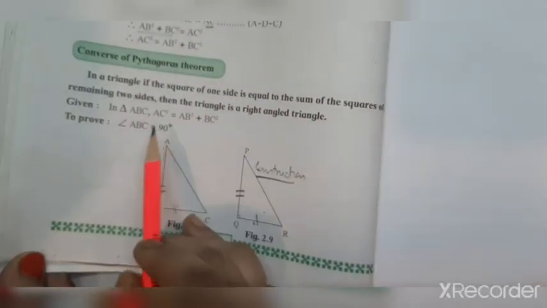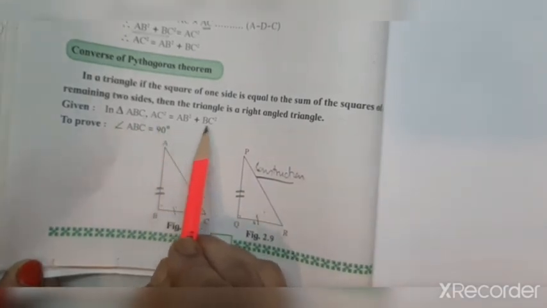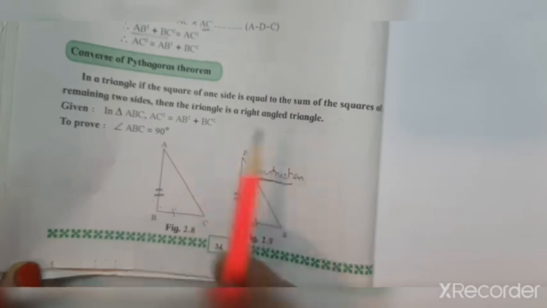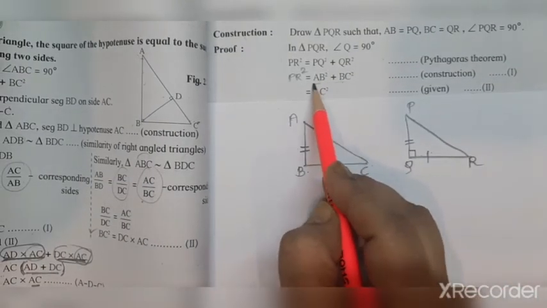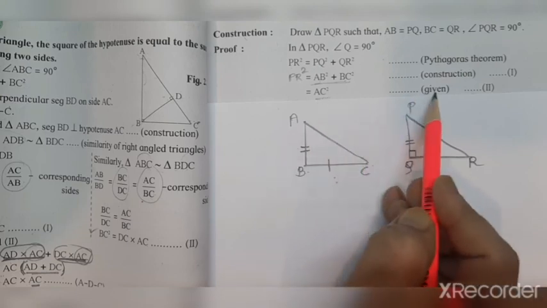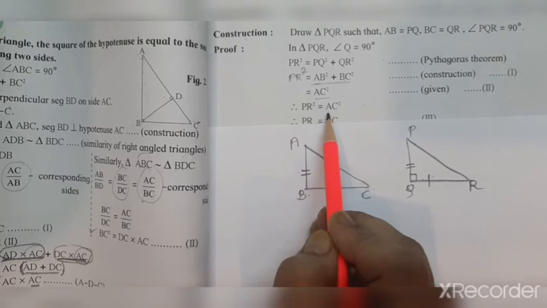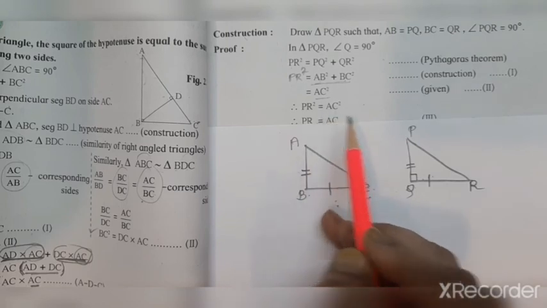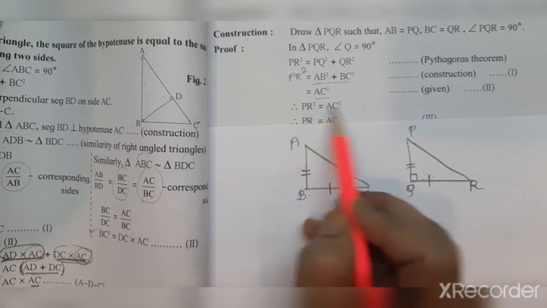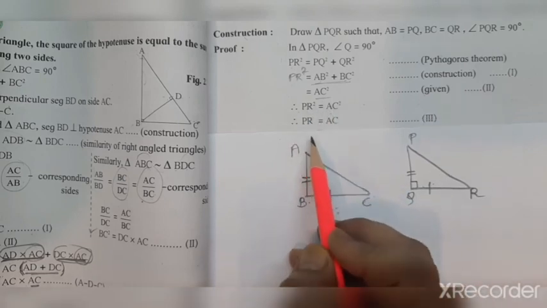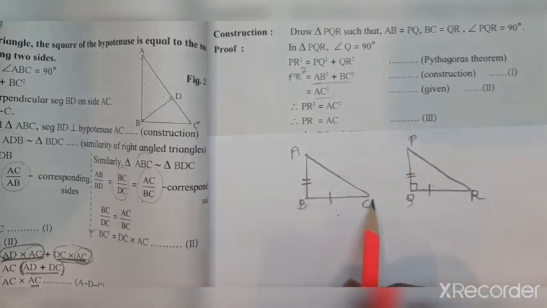It is given already that AC square is equal to AB square plus BC square. So, here, instead of AB square plus BC square, we will write AC square. It is given. Okay. Now what we got? PR square is equal to AC square. That means, taking square root from both the sides, we can write PR is equal to AC. So we got PR is equal to AC.